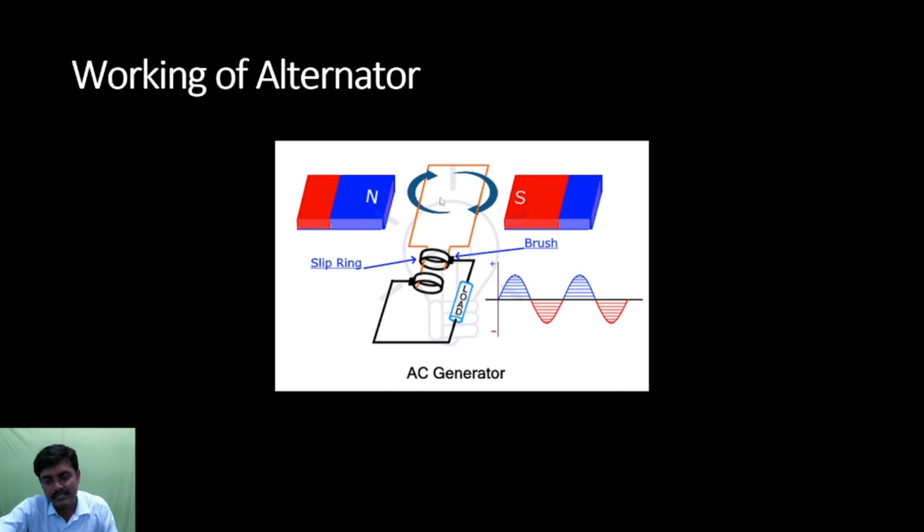When I am rotating the coil, the north pole linked coil side comes to the south pole and the south pole linked coil side comes to the north pole. So the linkages are different in this way when I am rotating the coil. The linkage is different, which means the flux value also differs in the coil.